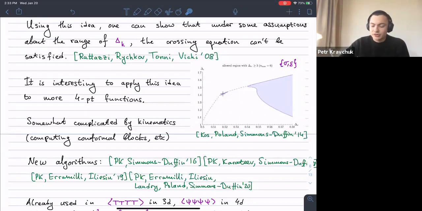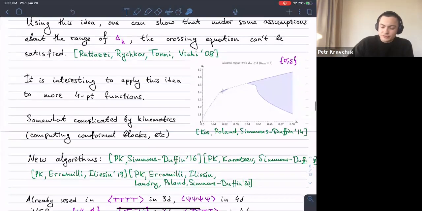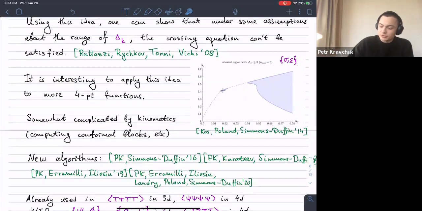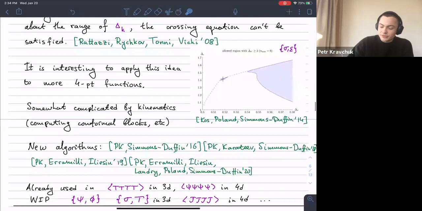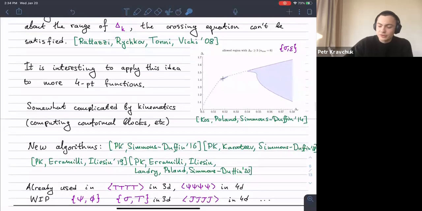So this is the logic, and it's been applied to several theories, successfully determining scaling dimensions of some important operators. I'm not going to discuss this in a lot of detail, but let me just say that there is an interesting direction in this area.